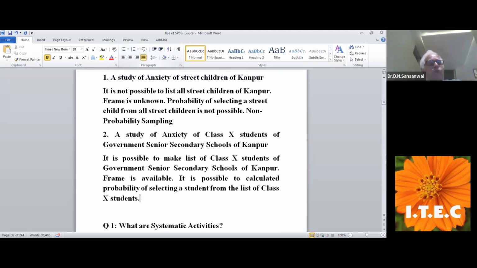And therefore, you have to use, in the second case, the probability sampling.